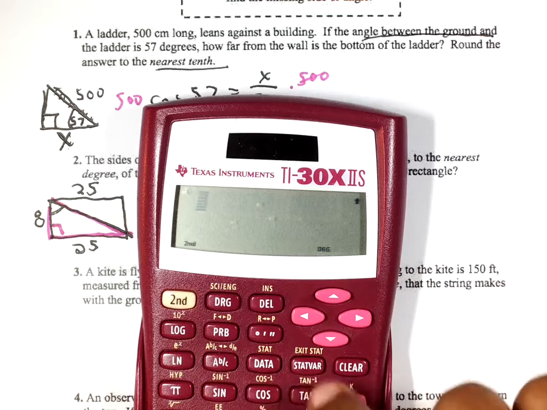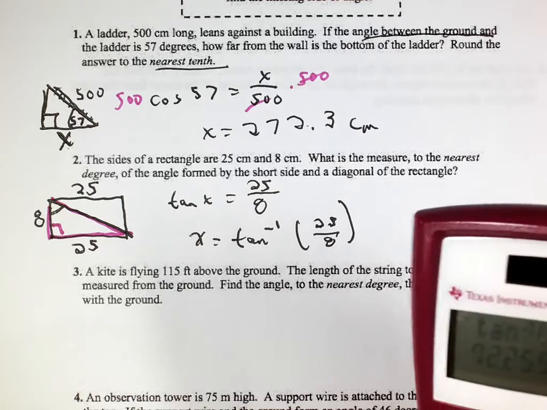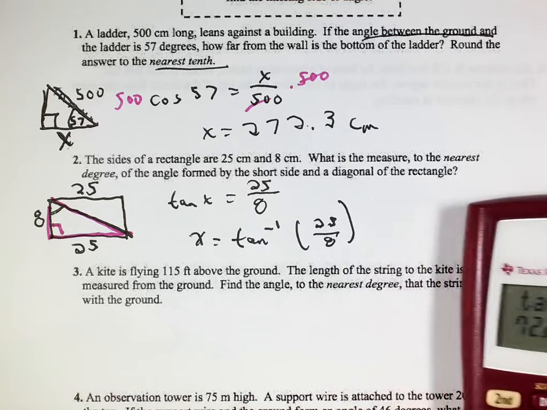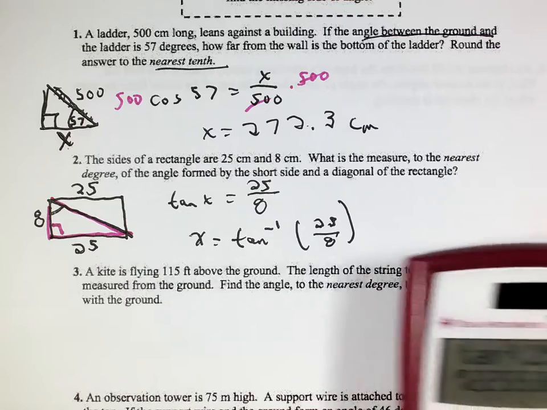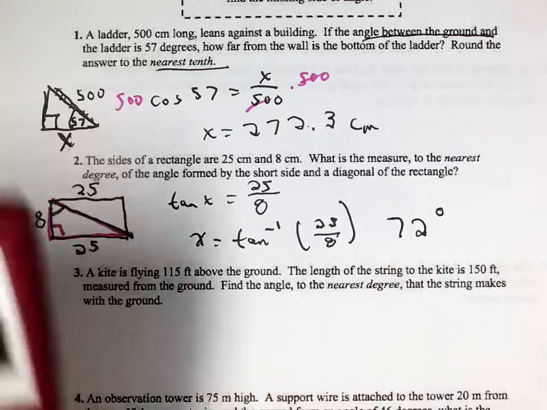So second tangent, and you see that tangent to the -1 comes up. 25 divided by 8. Close it, and we get 72.25, and we want to round to the nearest whole degree. And that's just going to round to 72 degrees.